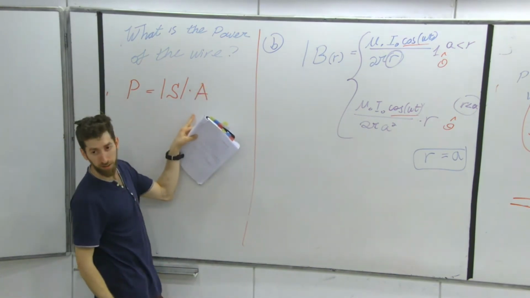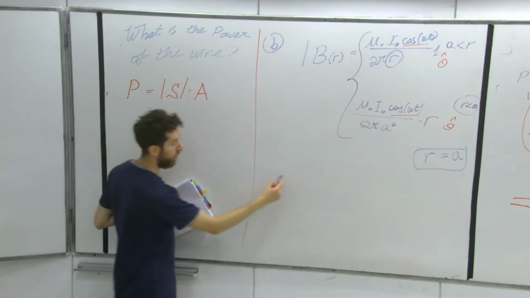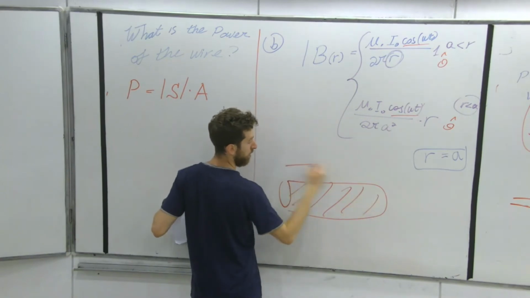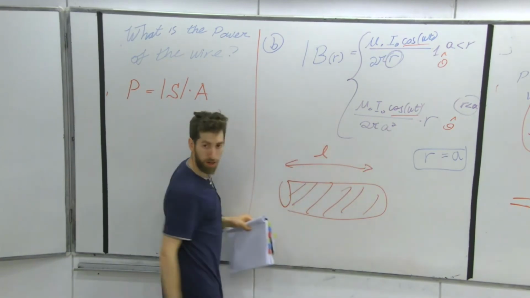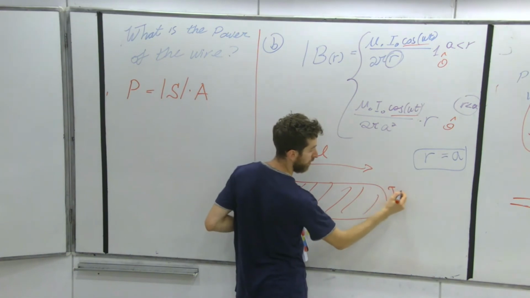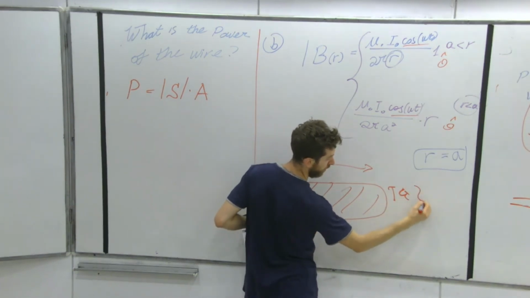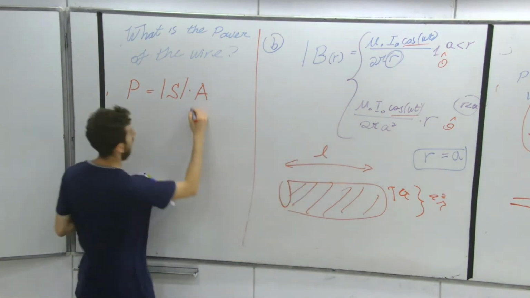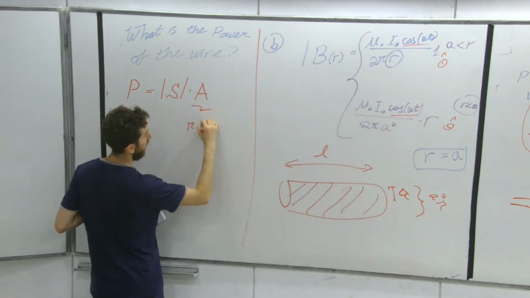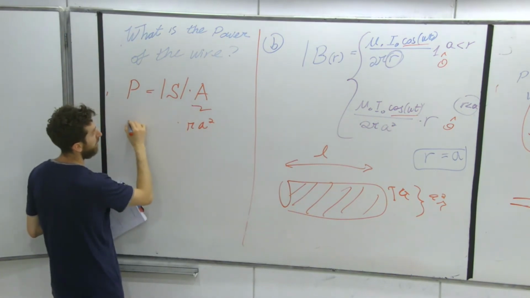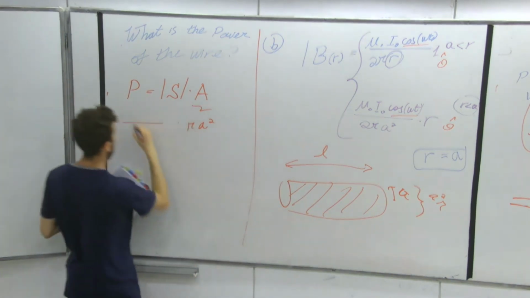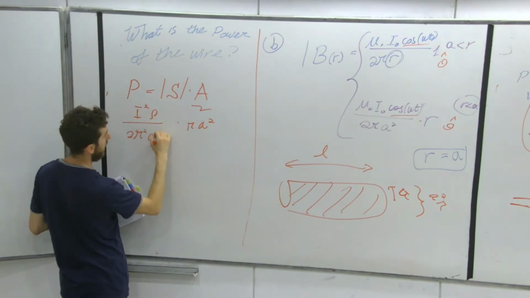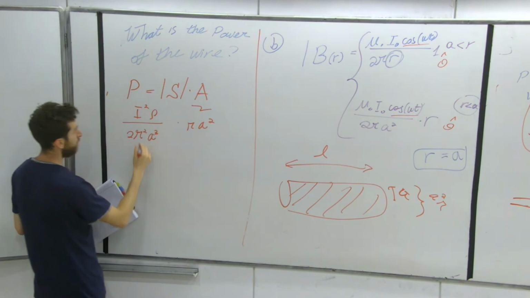What is my A? What is the area of the wire? It's L, right? Multiplied by this one, which is this area, pi a squared, right? So I can write here pi a squared, and here I can write the Poynting vector, I squared rho over 2 pi squared a to the third, right?